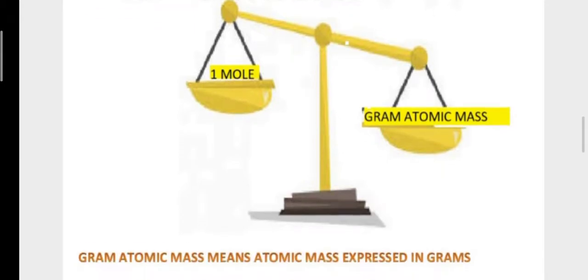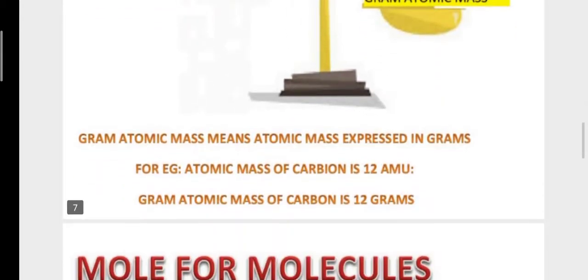Example? Yes. What we know? The atomic mass of carbon is 12 AMU. So what will be the gram atomic mass of carbon? This AMU expressed in grams, that is 12 grams.